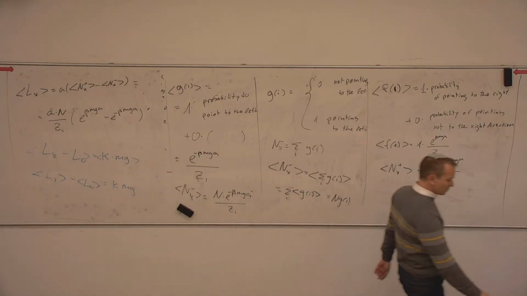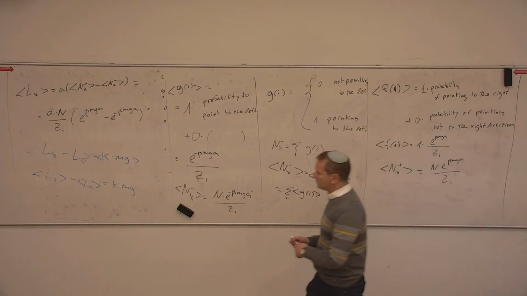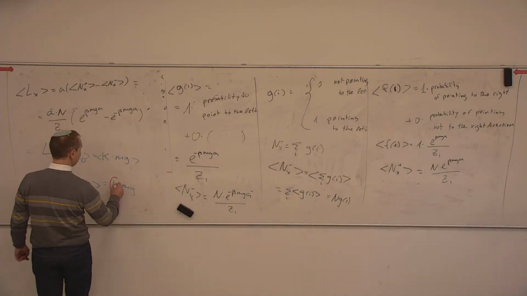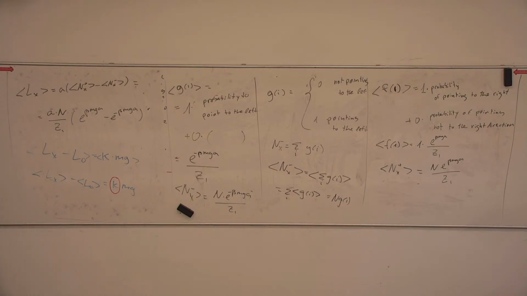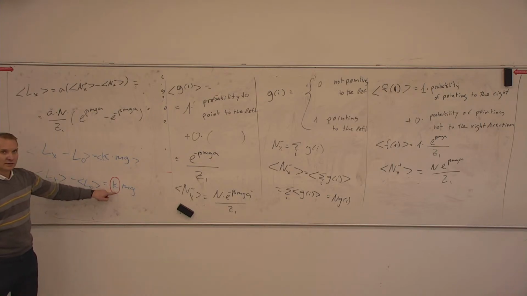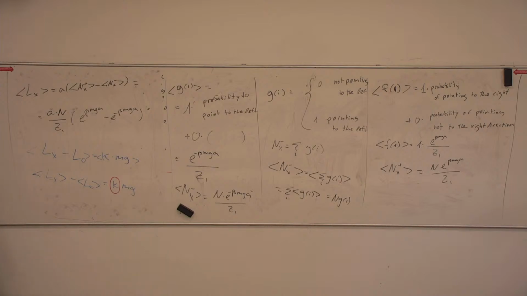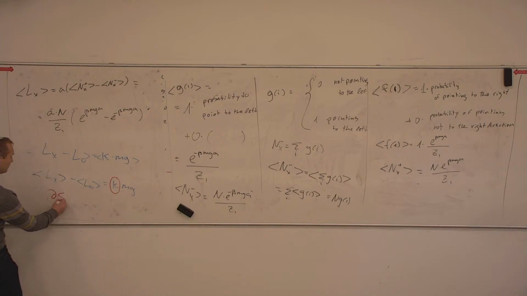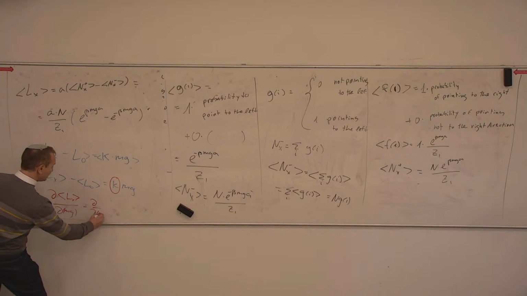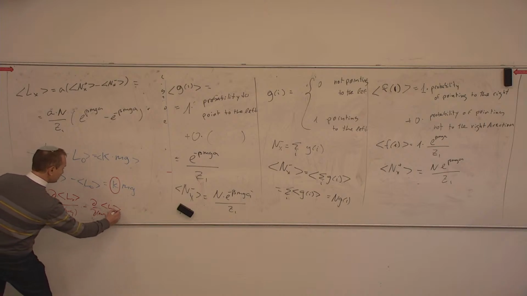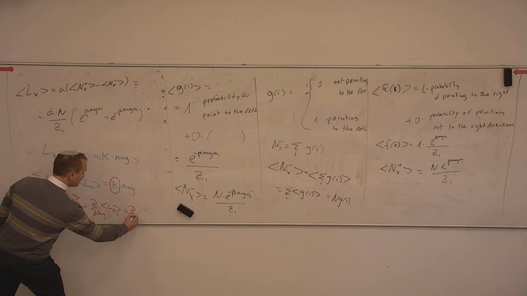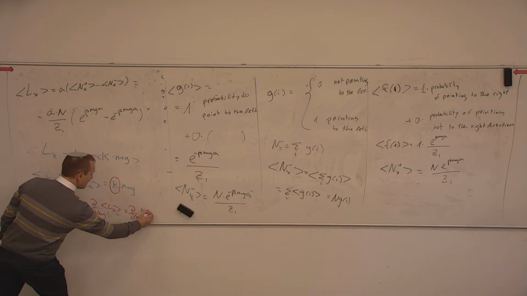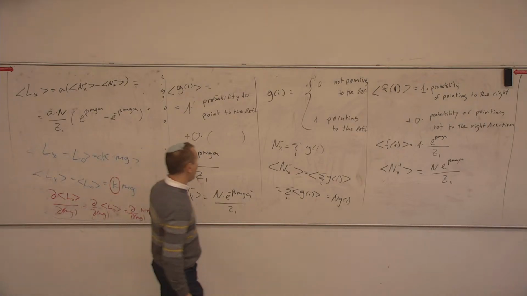I remind you that the quantity that I want to calculate is this K over here. So what do I do in order to find K? I take derivatives with respect to mg of the left-hand side and of the right-hand side: d over dmg of Lx minus d over dmg of L0 equals d over dmg of K mg. Why have I done this?